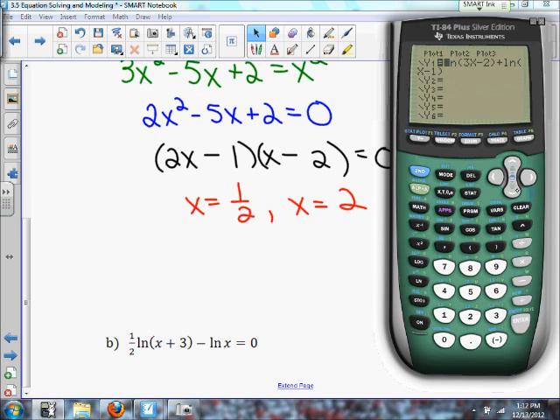Now, if I graph the other one, 2 ln of x, you'll see that our intersection will be 2.